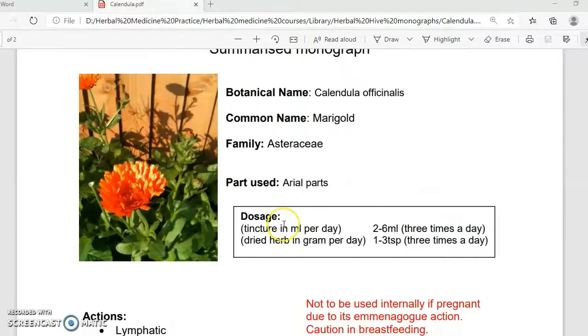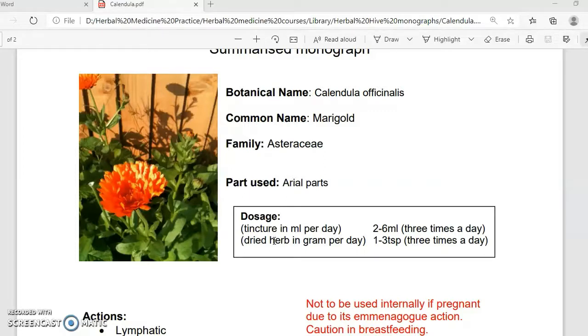And while that may be technically true, it's not something that I would recommend for just anybody who just wants to grab a bit of calendula and try it. That you do need to do so safely, and you need to have that information, which is why I have this here as a monograph.